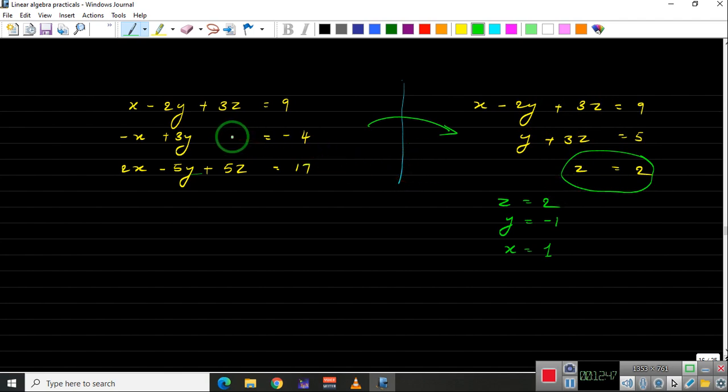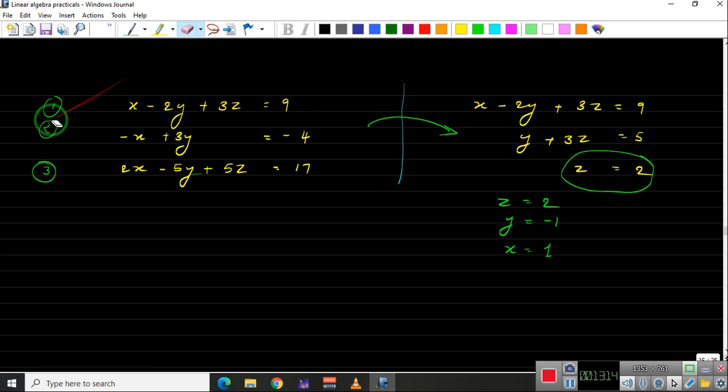Okay, so two systems of linear equations are said to be equivalent if they have precisely the same set of solutions. And there are some operations which, when you operate on the system of equations, will not change the solution set. For example, suppose we write this as equation number 1, this as equation number 2, and this as equation number 3.